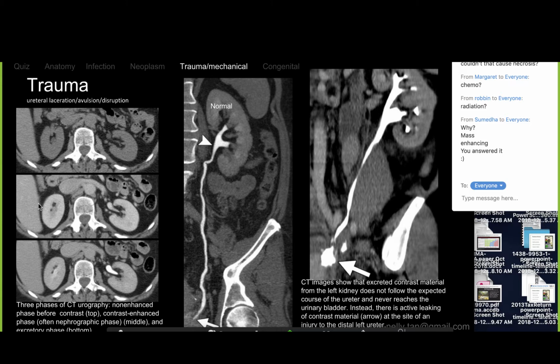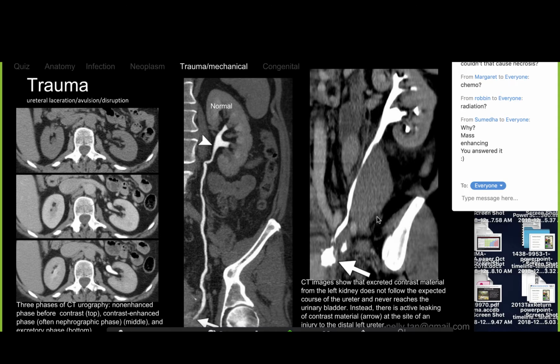Remember I told you about the split bolus that we do for urogram, where we give 2 separate bolus timings and then acquire it at one time. Some trauma centers are doing 3 boluses instead of 2.